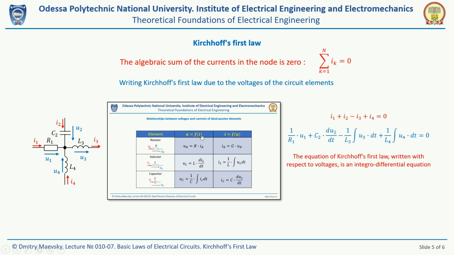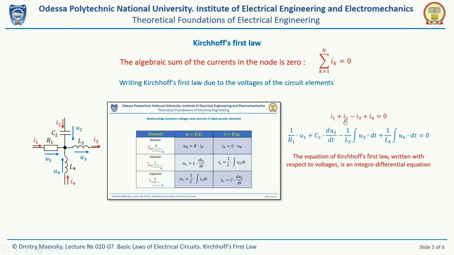Let's consider this possibility using the example of the circuit shown on this slide. Previously, for this node, we formulated the equation of Kirchhoff's first law for the currents of the branches approaching the node.